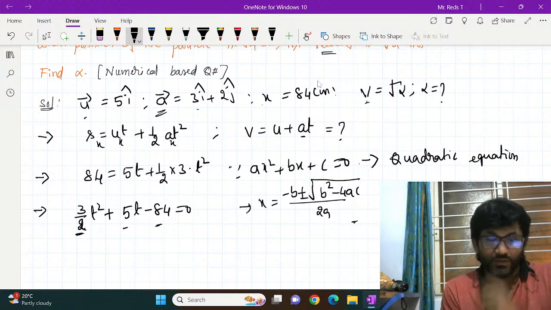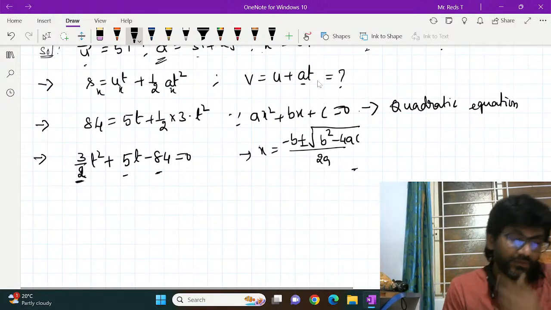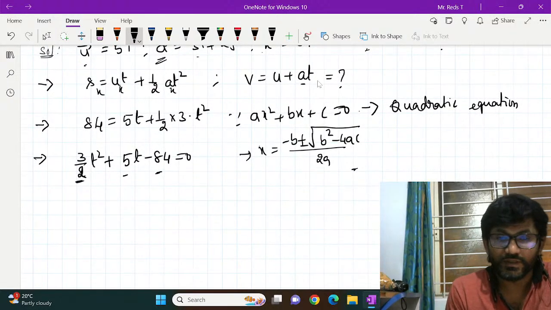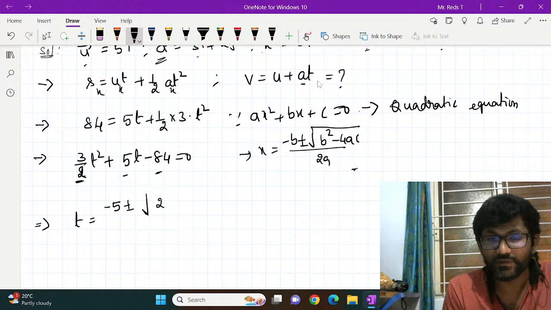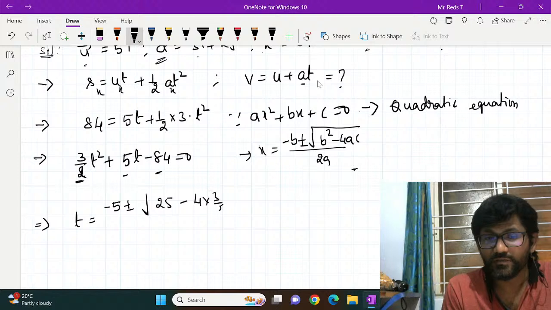In place of x you have to put t. This implies t is equal to minus b. b is 5, so minus 5 plus or minus square root of b square, 5 square is 25, minus 4 into a, which is 3 by 2, into c, which is minus 84. Minus into minus becomes plus 84.